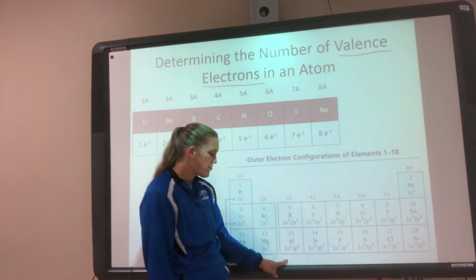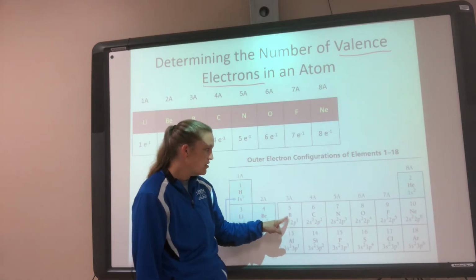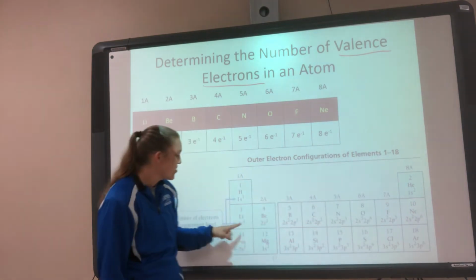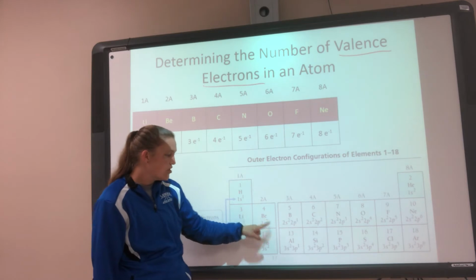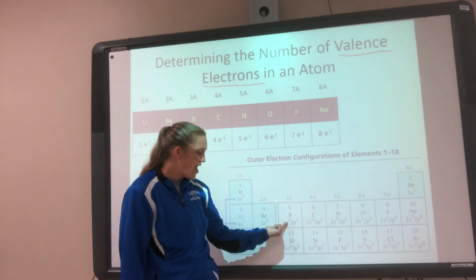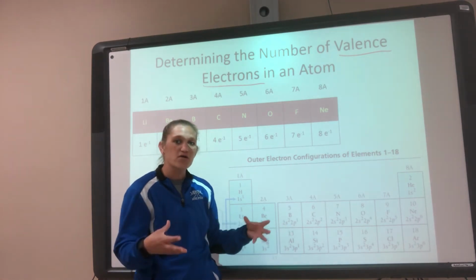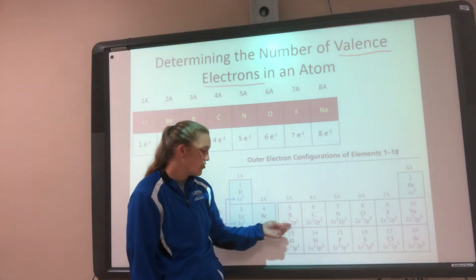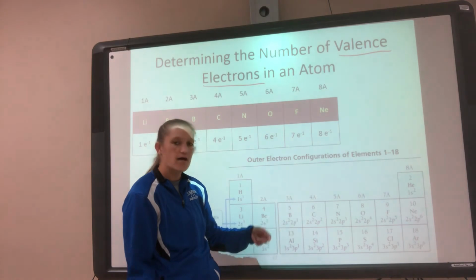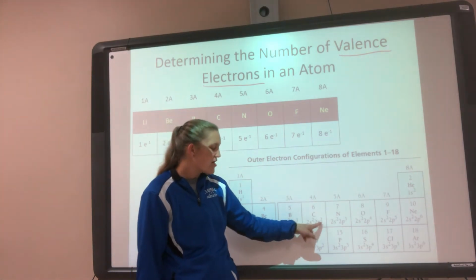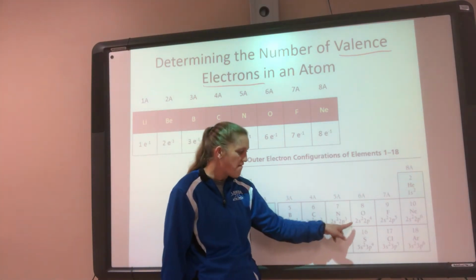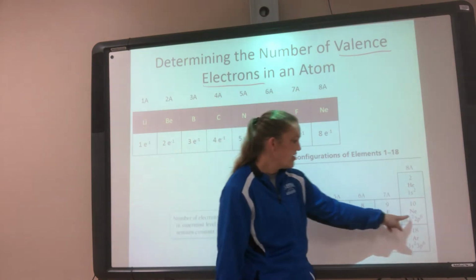Those in column 3, if I did boron, it would be helium, 2s2, 2p1. These electrons are in the 2, which is my outer energy shell, so I would have a total of 3 electrons in that outer shell. Here I would have a total of 4, 5, 6, 7, and then 8.